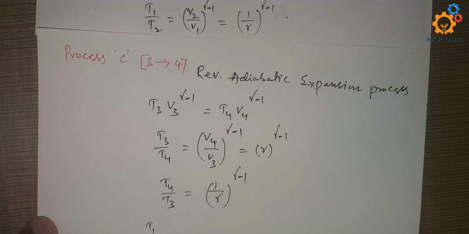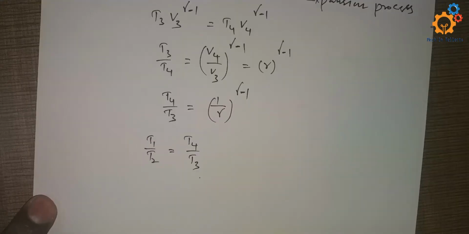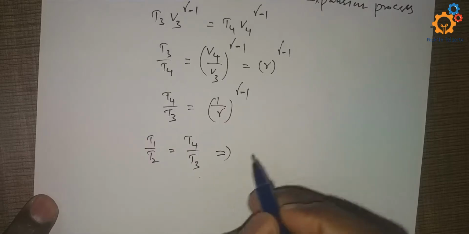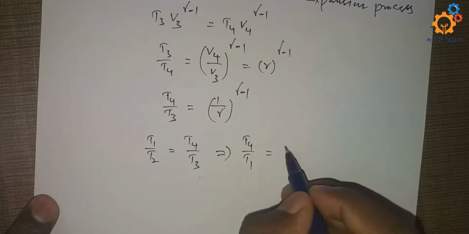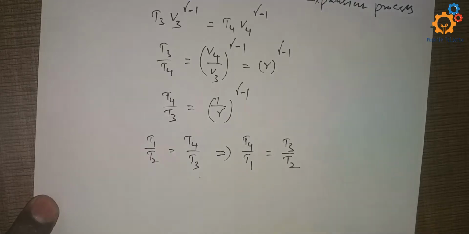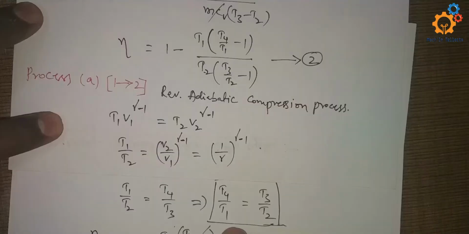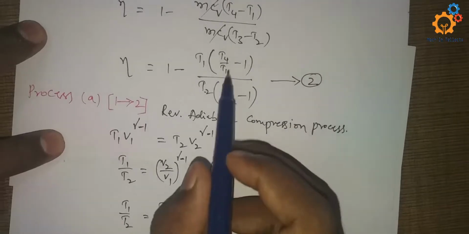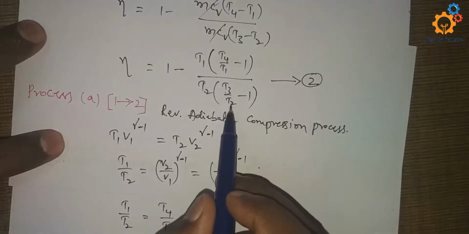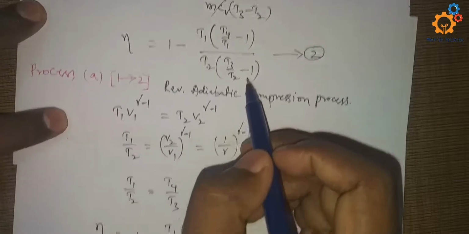T1 by T2 is equal to T4 by T3. From this we can write T4 by T1 is equal to T3 by T2. Now if I substitute T4 by T1 equal to T3 by T2 in the efficiency equation, these two will get cancelled, right?